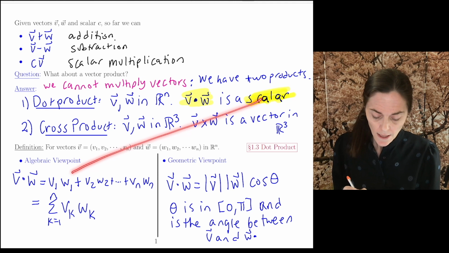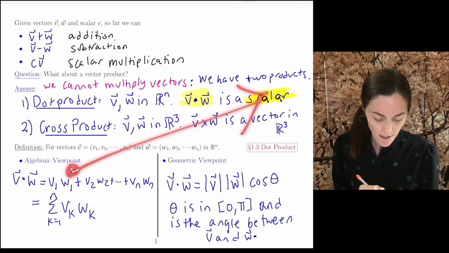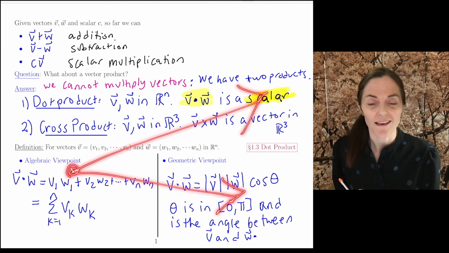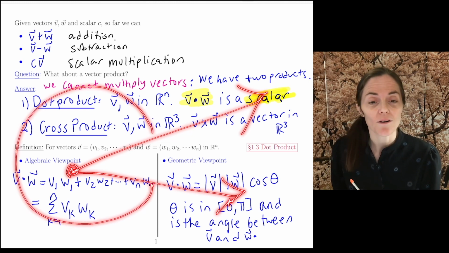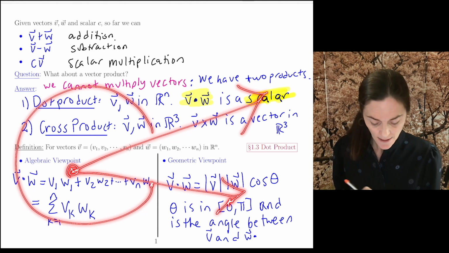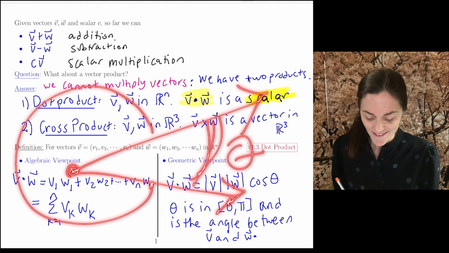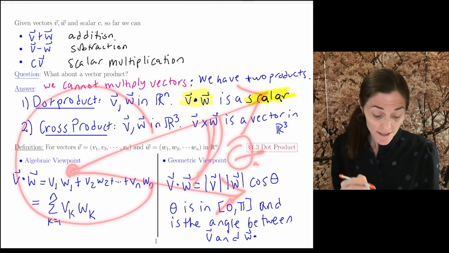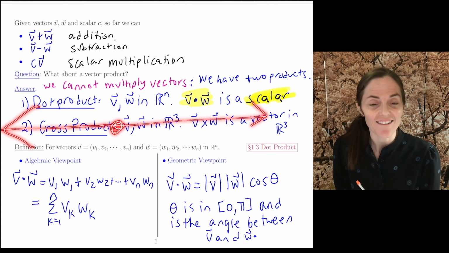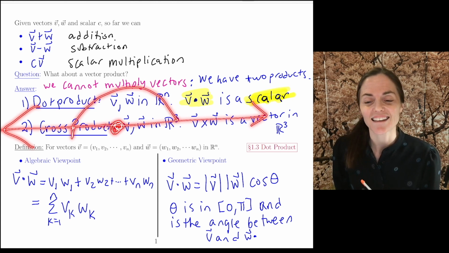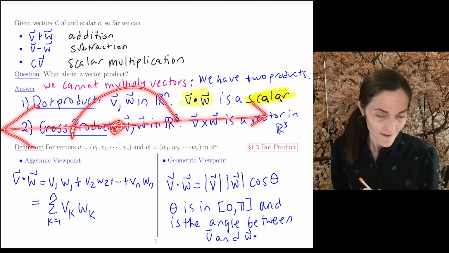For example, say here is v and here is w. Here are two vectors. You would not measure theta to be this angle. That would not be between 0 and pi. Instead, this one would be theta. And if they happen to be parallel and pointing in opposite directions, in this case, here is theta, and this would be pi, for example.